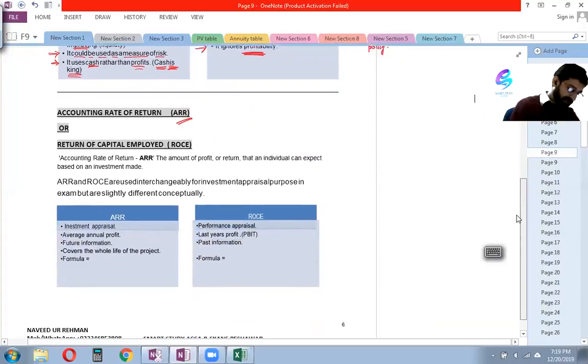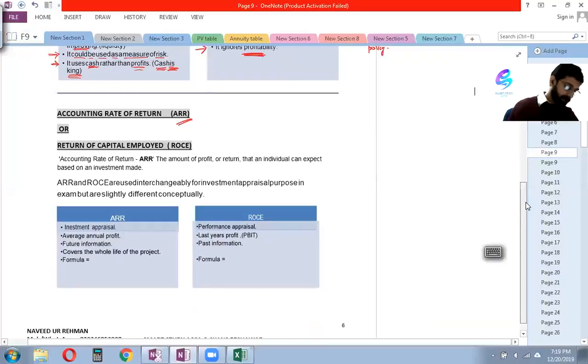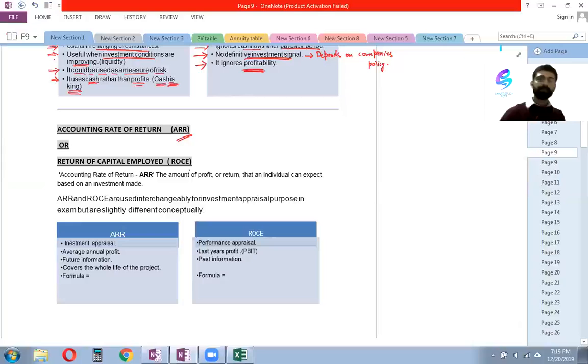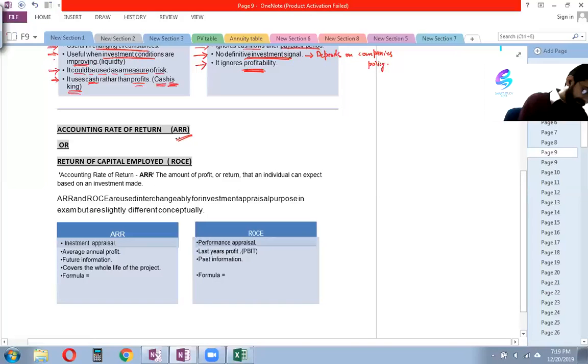And now we will start accounting rate of return or return on capital employed, right? Now for your exam, these two terms will be used interchangeably by the examiner, which means that for your exam, ARR and return on capital employed will be considered as the same thing, but it's not exactly the same.